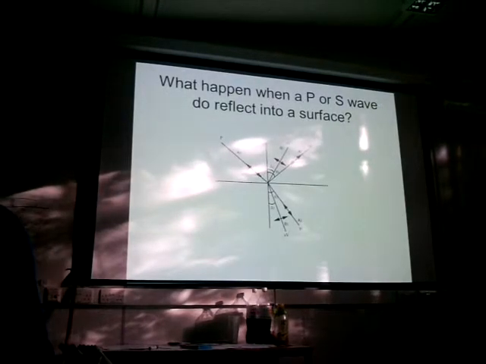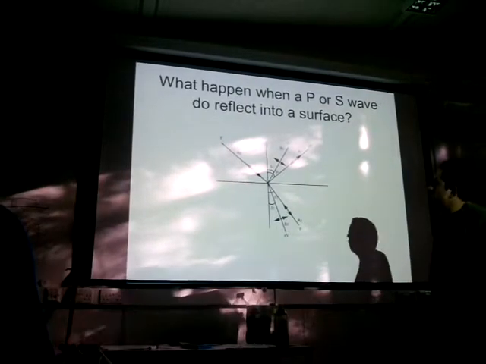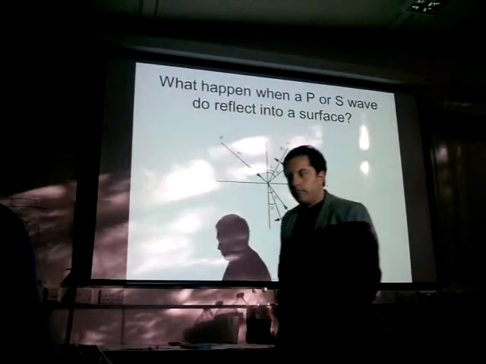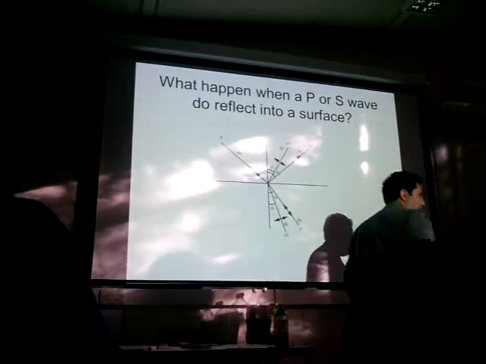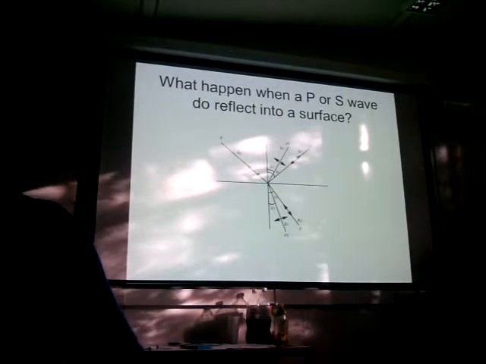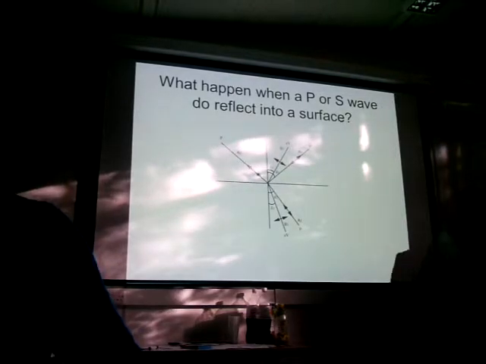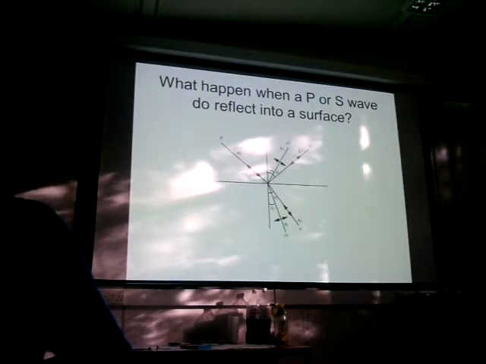Now, what happens when a P or S wave reflects at a surface? Well, it happens what you see in there. That's the reality. The reality is that you have a P wave that is incident at a generic angle with respect to the surface like that. What I indicated there is the direction of vibration.